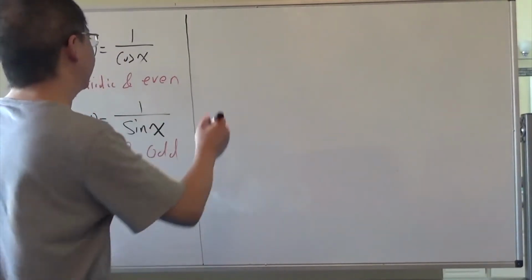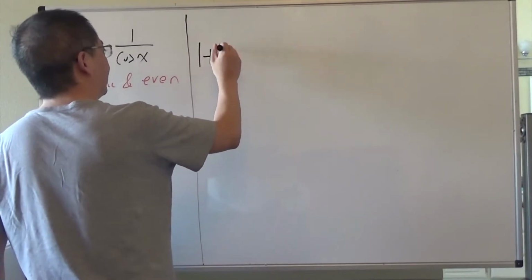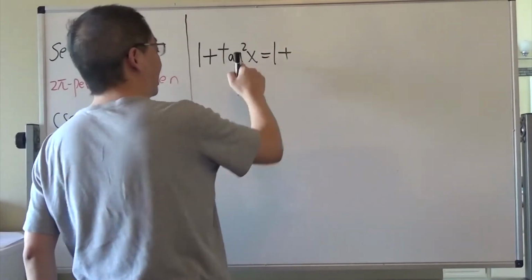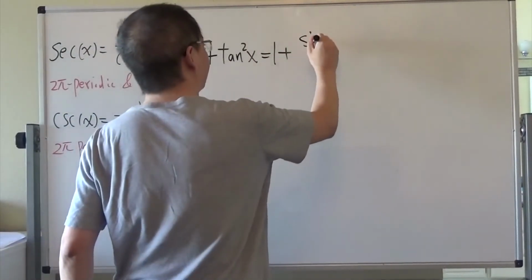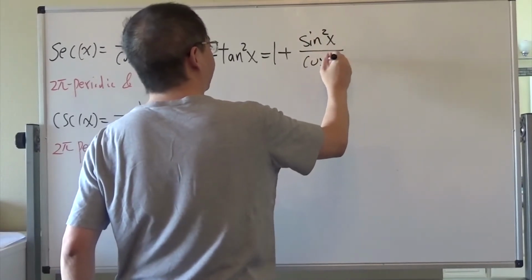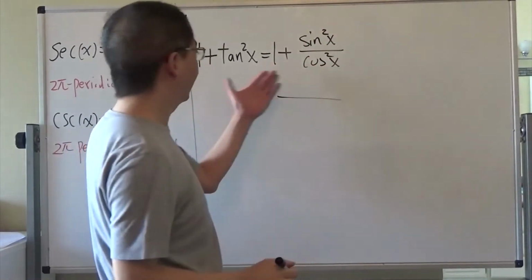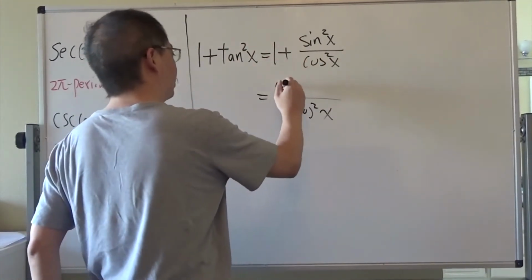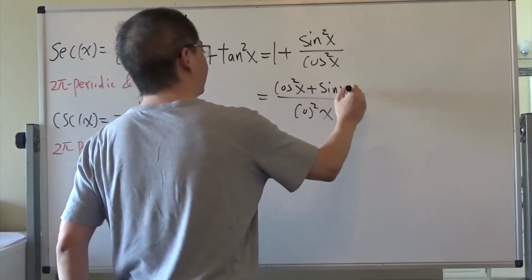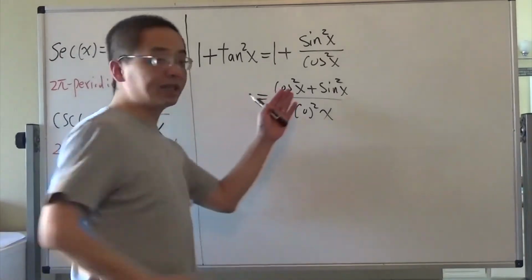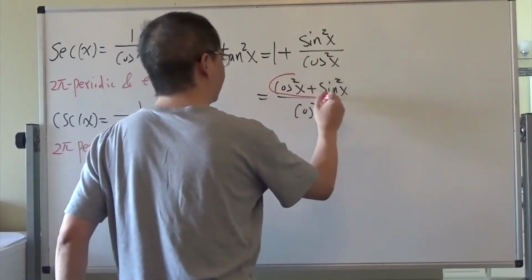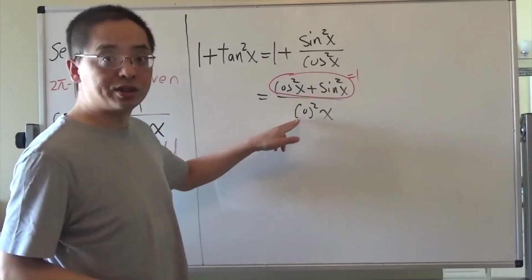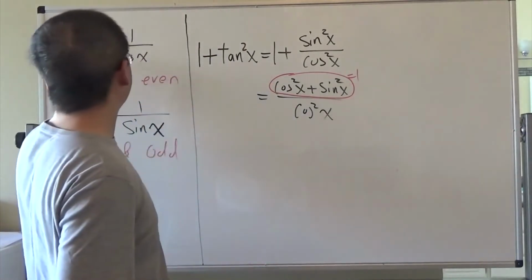Now let's see two trigonometric identities associated with secant and cosecant. First, let's look at secant. If we have 1 plus tangent x squared, this equals, by definition, since tangent x is sine x over cosine x, 1 plus sine x squared over cosine x squared. If you combine this into one fraction, we get cosine x squared plus sine x squared over cosine x squared. For cosine x squared plus sine x squared, this equals 1. Therefore, we get 1 over cosine x squared, but 1 over cosine equals secant.